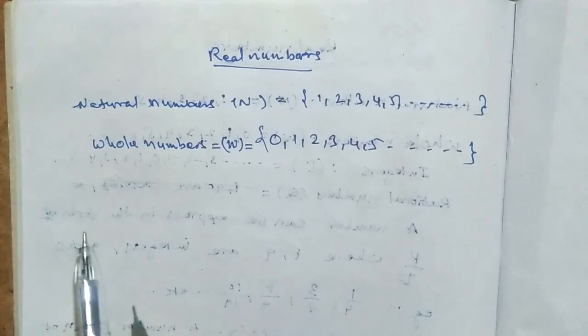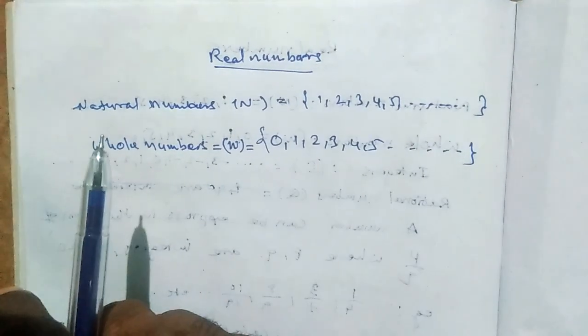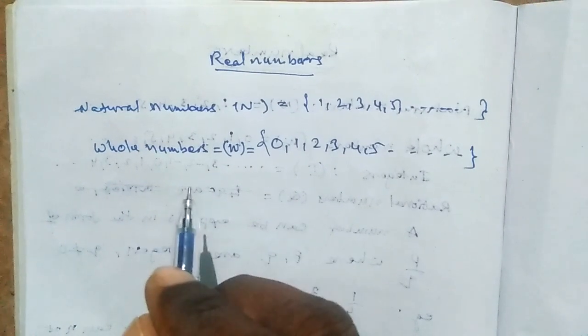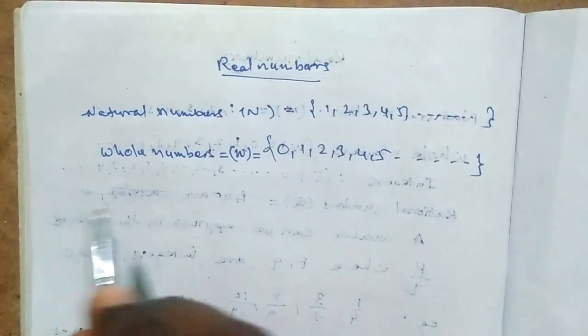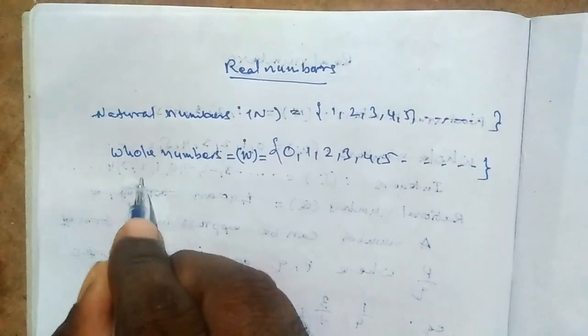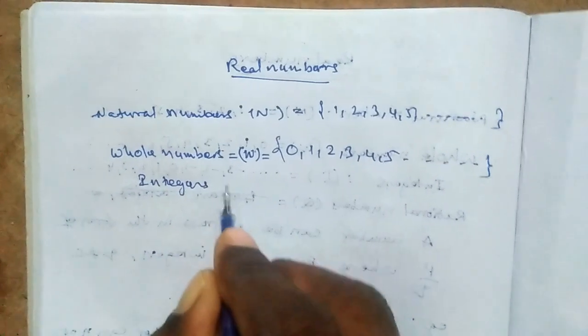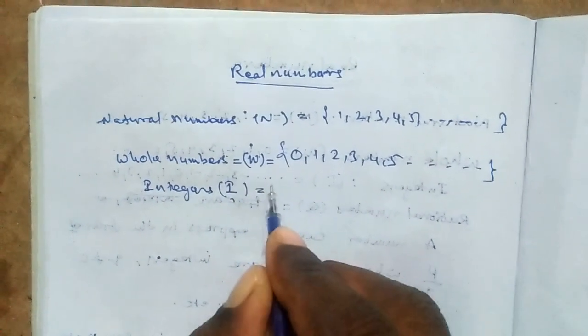So in the number system, there are negative numbers and positive numbers. Here we formed another group. The collection of negative numbers and whole numbers is called integers, which is represented with I or Z.